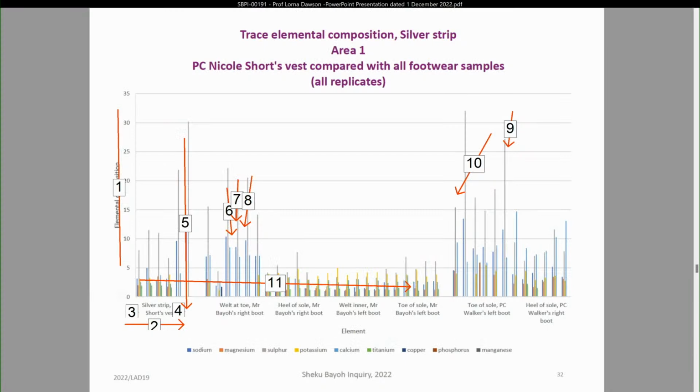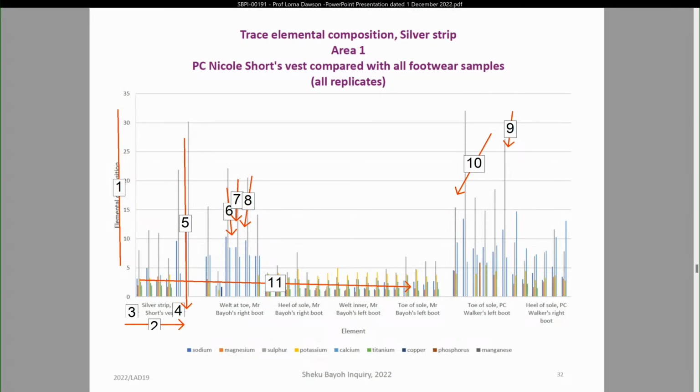You've explained that there are similarities between replicates 1 to 4 from Area 1 in the vest, with the samples from the heel of the sole of Mr. Bayo's right boot, the inner welt of his left boot, and the toe of the sole of his left boot. That's correct. And I think we can see that, can't we, just by looking at the data as it's presented in front of us.